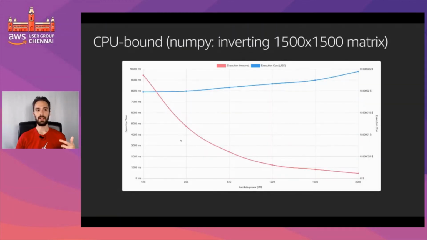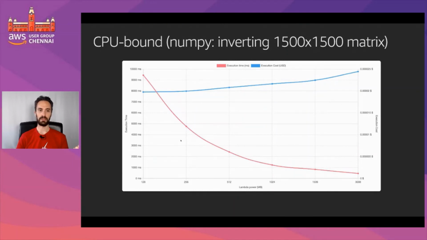Let's go into the CPU bound category. So this is not the same. This is an example where I'm doing matrix manipulation, matrix computation, like creating a big matrix and inverting it, for example. Imagine this is a machine learning model or something like that.